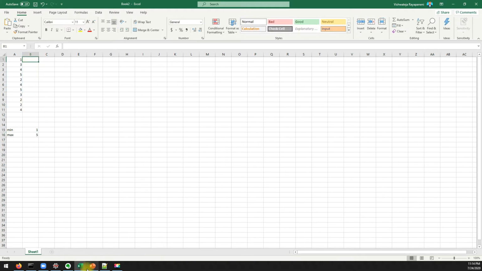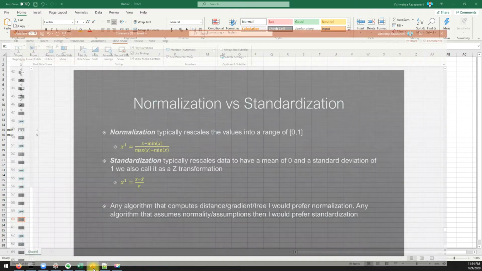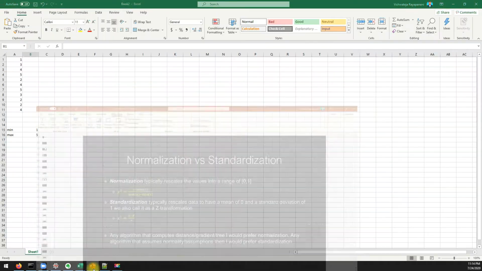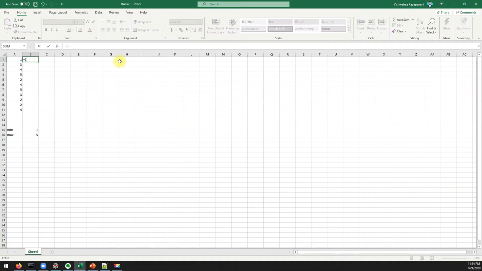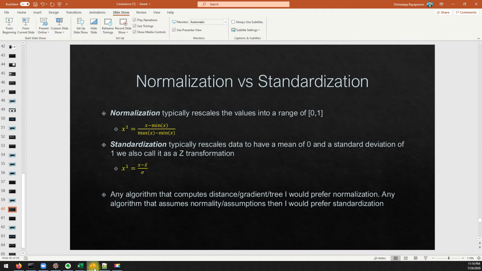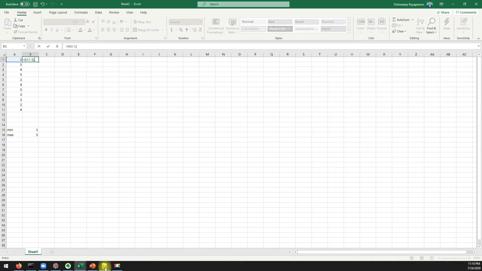So what is the formula? x minus min of x. So equal to, this is my x, and the minimum value is 1, divided by maximum x minus minimum x.